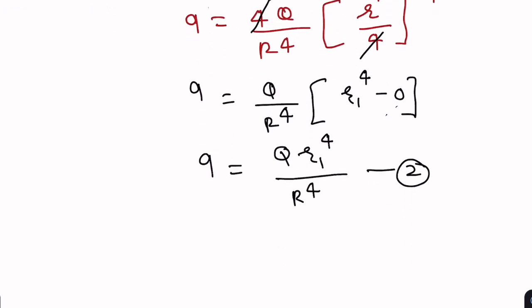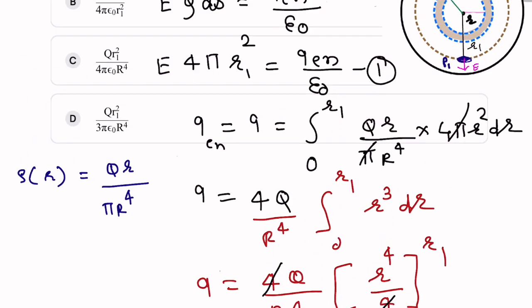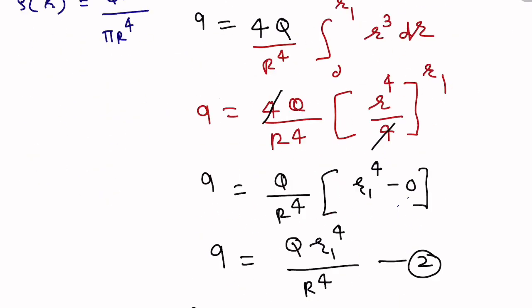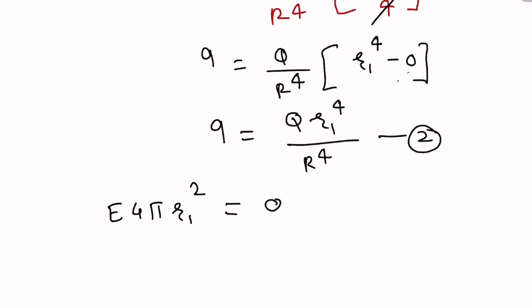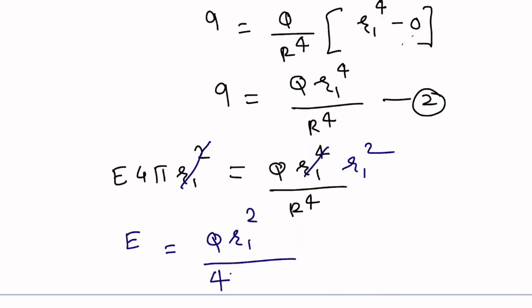Now put equation 2 in equation 1. We get E into 4 pi r1 square equal to Q enclosed, Q r1 to the 4 by R raised to power 4. This r1 square and r1 to the 4 leaves r1 square. Therefore, E equals Q r1 square by 4 pi R raised to power 4.